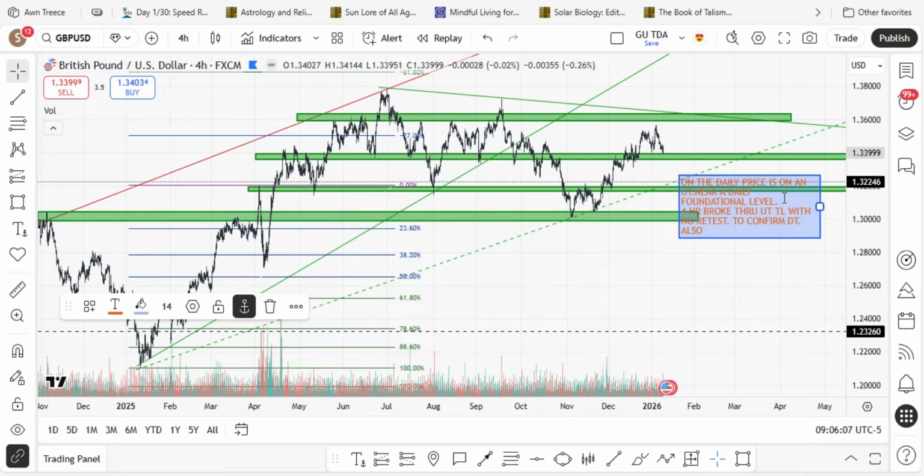Structure has been broken. Right, testing a zone.